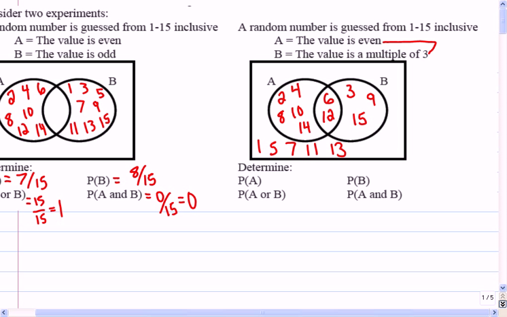Okay, so let's say what's the probability? Well, we know this one. We already answered this in the first question. So that's 7 out of 15. What's the probability that you are a multiple of 3? Right, 5 out of 15 or 1 out of 3. Okay, what's the probability that you are even or a multiple of 3? 2/3.